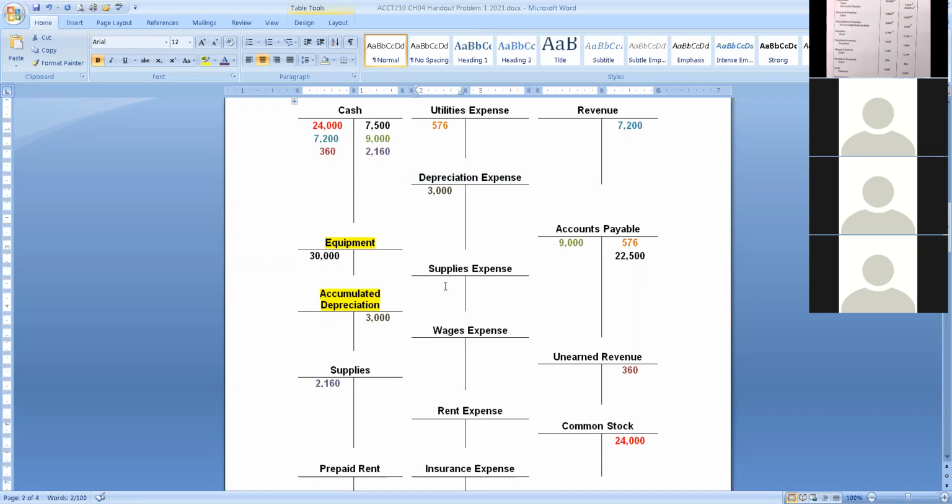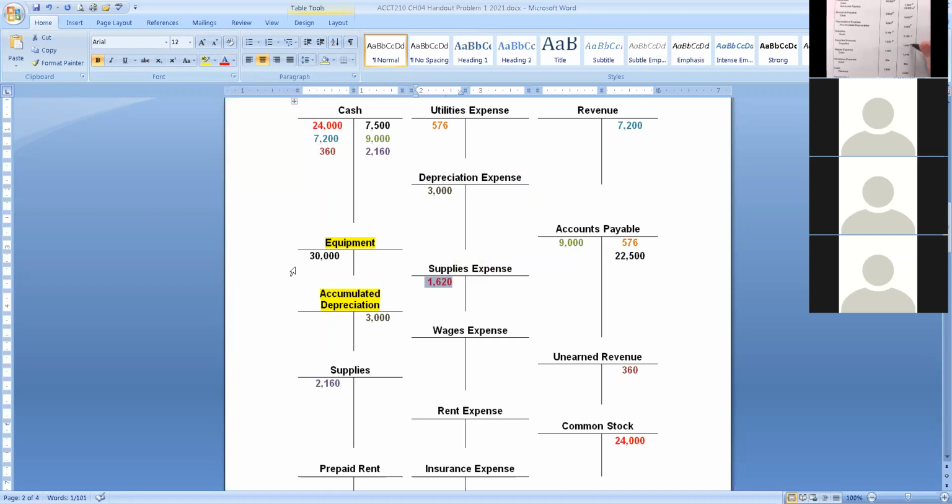Supplies expense is 1,620 debit. We'll reuse the red.